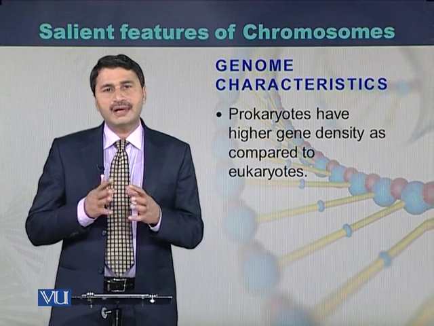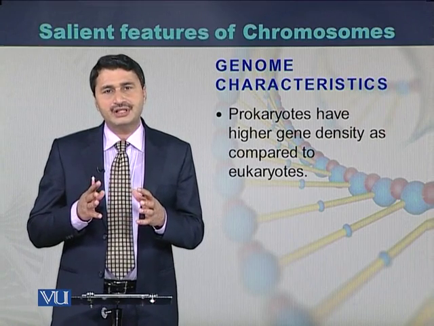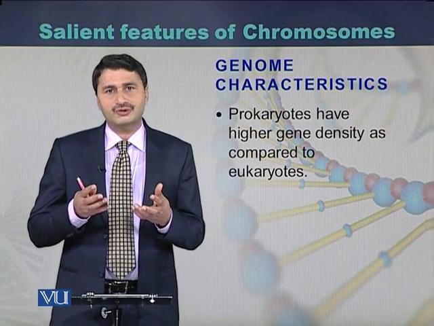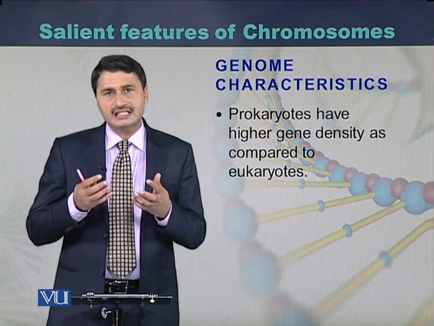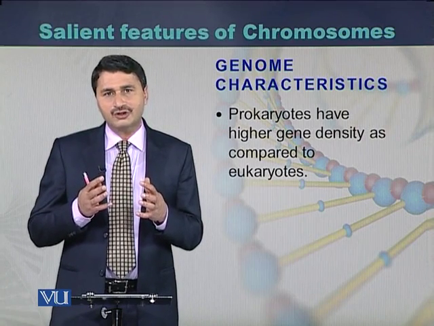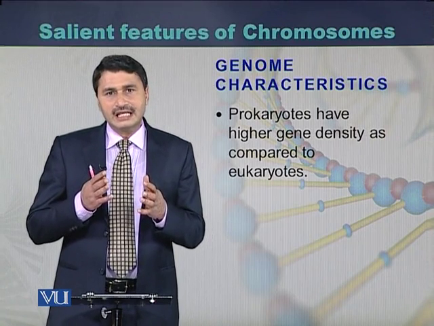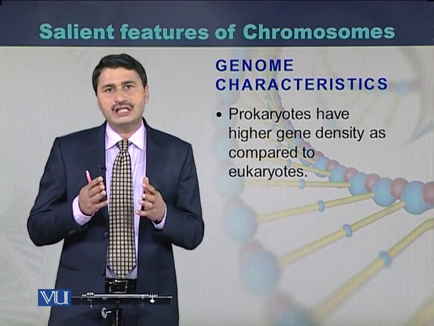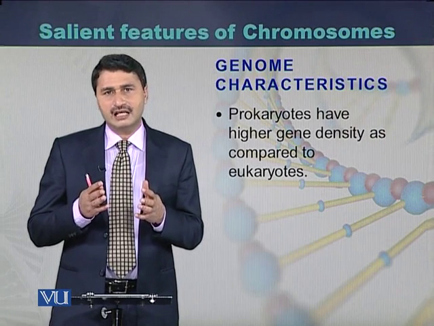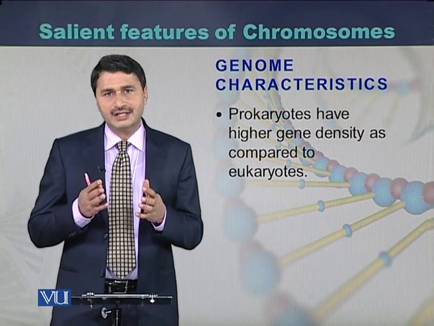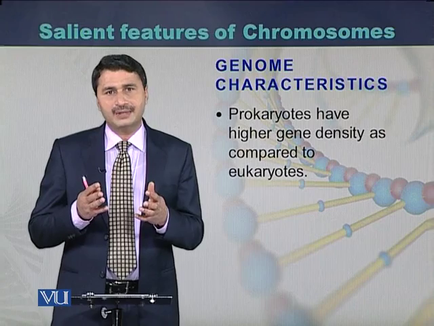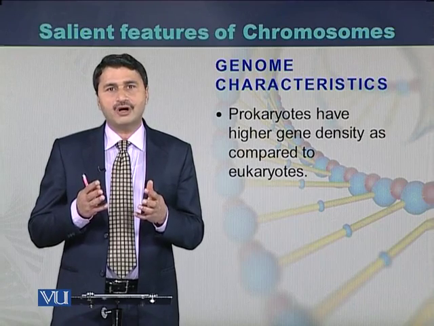If we compare based on gene density, it is high in prokaryotes, while gene density is less in eukaryotes. In prokaryotes, approximately 800 to 1,000 genes are present within 1 MB of DNA, while in plants and vertebrates, approximately 20 to 100 genes are present within 1 MB of DNA.